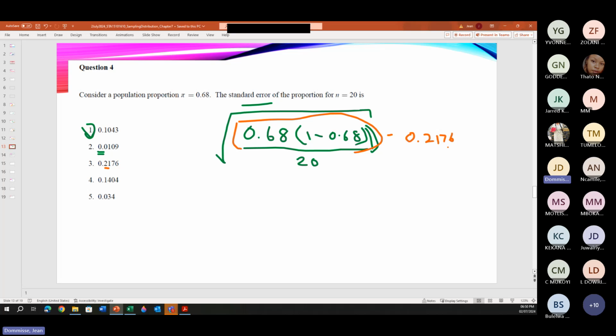If you divided that by 20, your next answer would have been 0.0109, and only then if you do the square root of that, you get to the right answer.